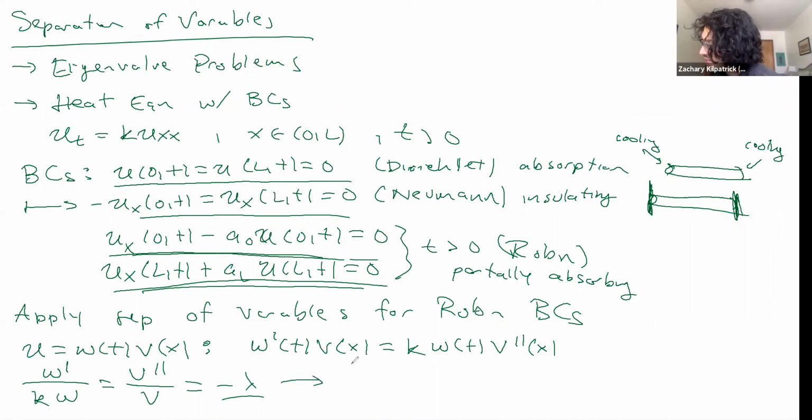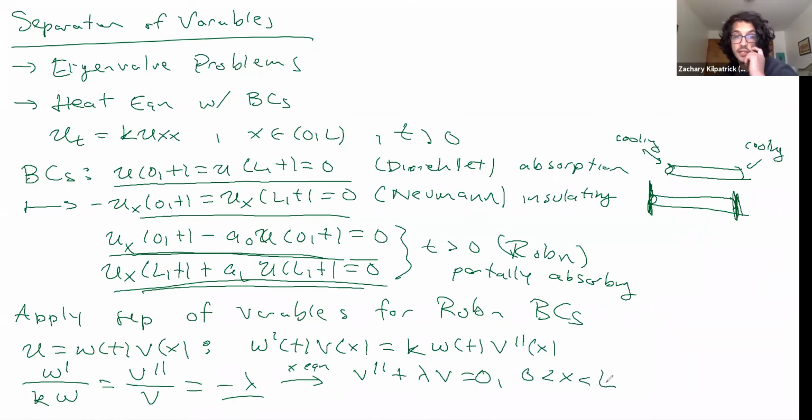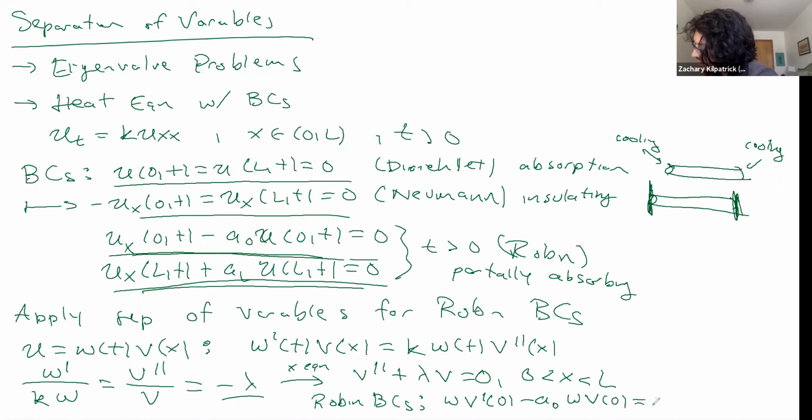If I just take out the x equation, what I get is V'' plus lambda V is equal to 0. This is true on 0 to L, and that's what we're going to talk about for now. Now, if I apply Robin BCs, I just get W V'(0) minus a_0 W V(0) is equal to 0.